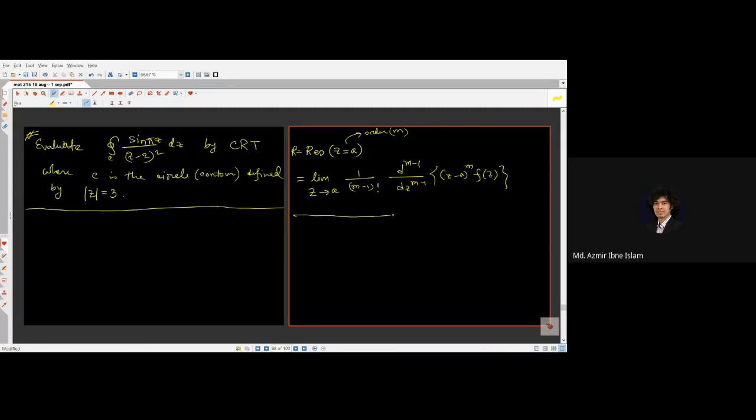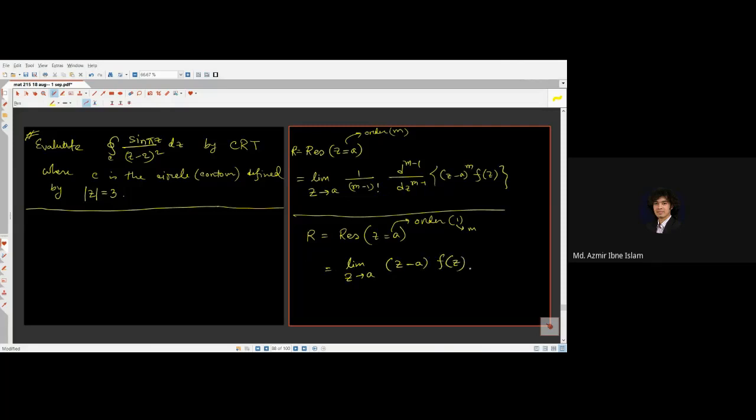But if this is of order 1, that is, we have to find the residue of z equal to A of order 1, that means the value of m is 1. That means (1 minus 1) factorial, that is 0 factorial, and 0 factorial is 1. And if we simplify, d power 1 minus 1, d power 0, that is 1, over dz power 1 minus 1, 0. So finally, we are left with only limit z tends to A of (z minus A) f of z.